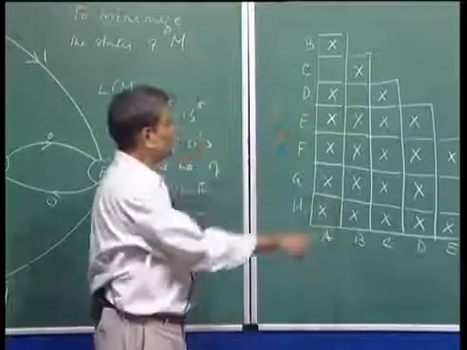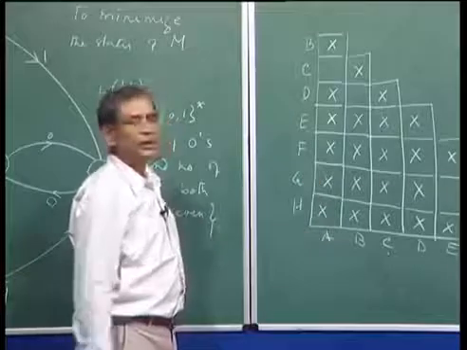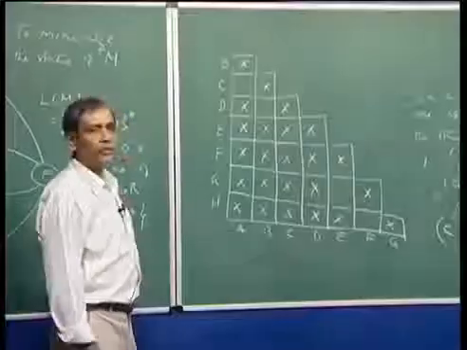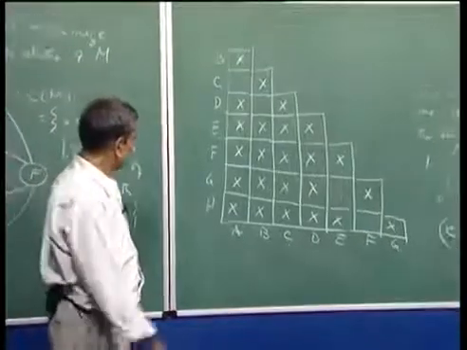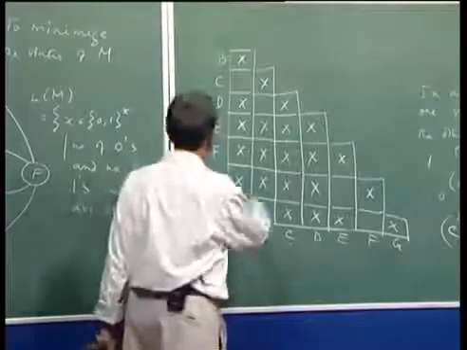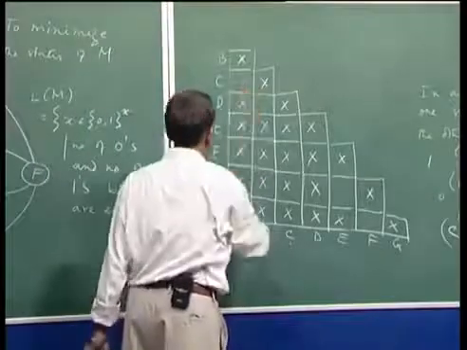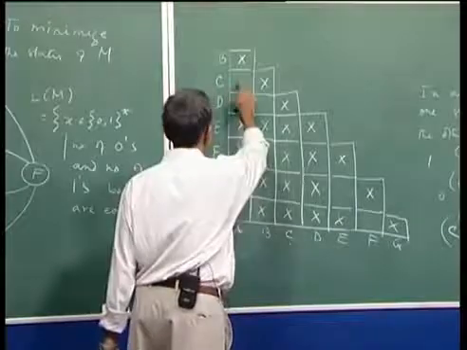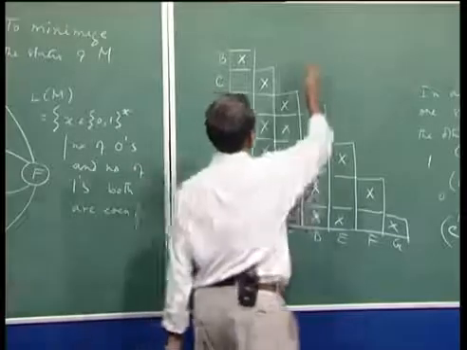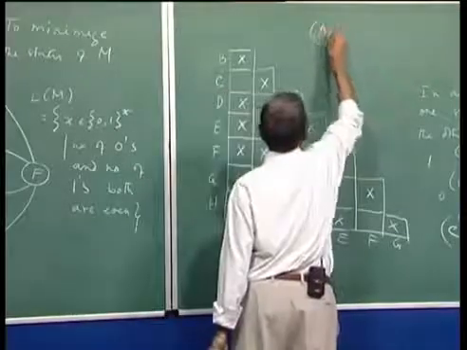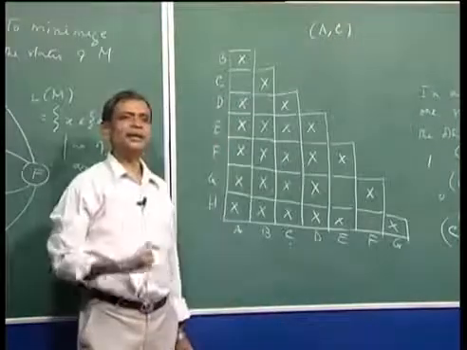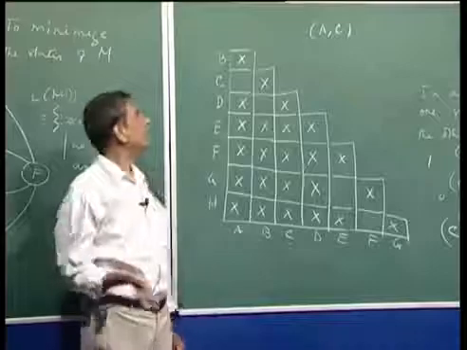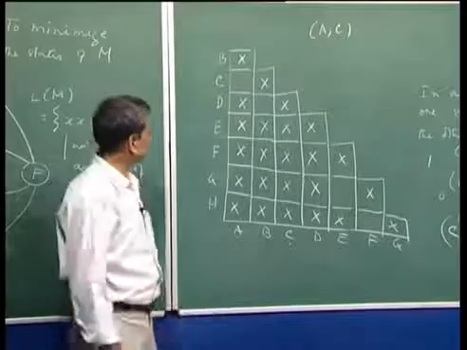Now, if you look at this completed result of our algorithm, then what do we find? That A and C, there is no cross in this position. So, we know that A and C are not distinguishable, because had they been distinguishable our algorithm would have put a mark there.